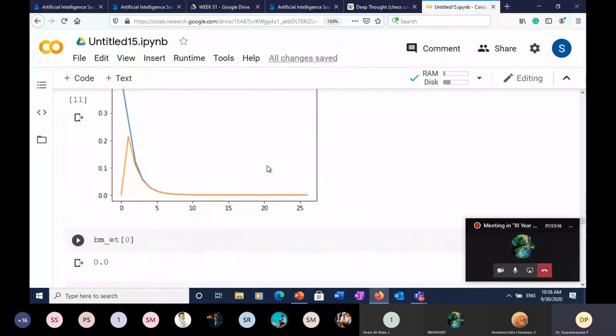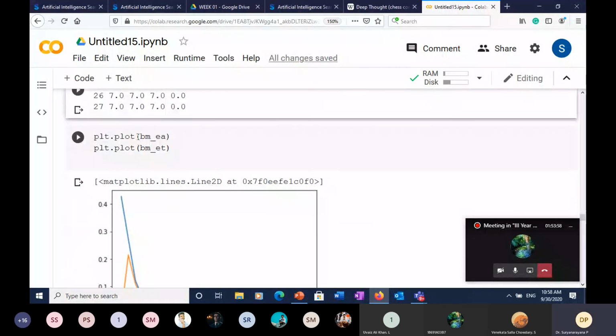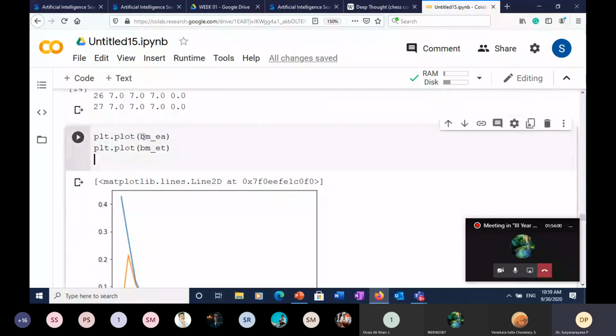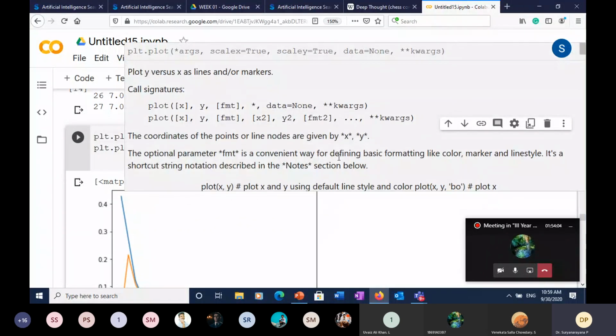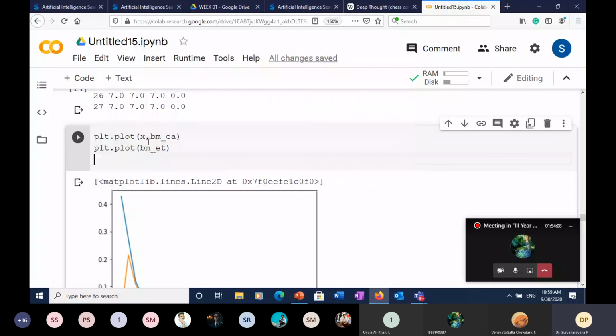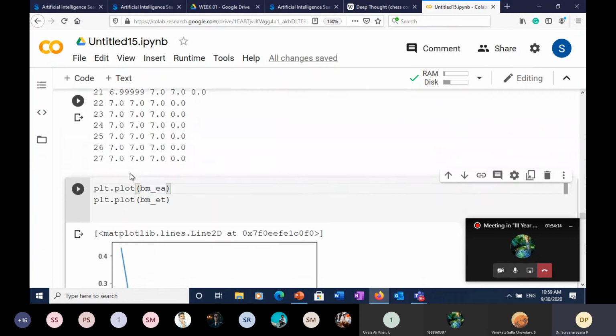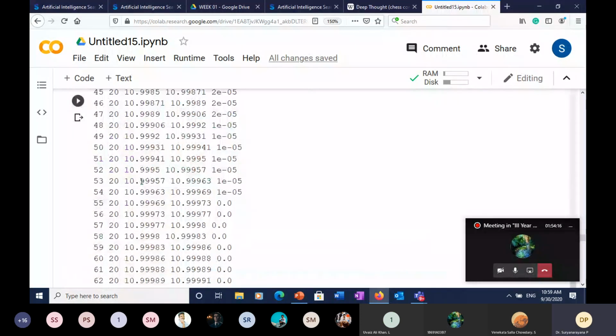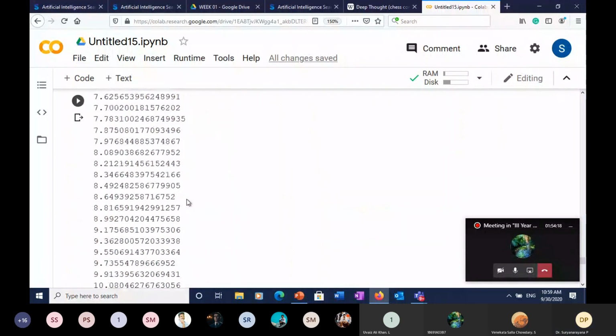Okay, so I wanted to show you that generally what we are doing is x comma y. It takes the values in the x and the values in the y, and then plots them. If you only give one, it plots against the index number in the array.